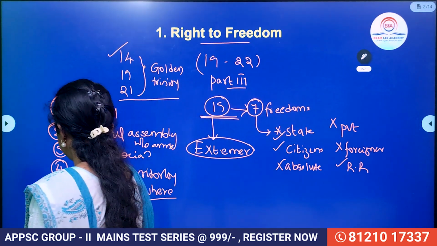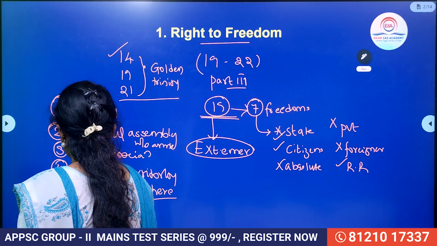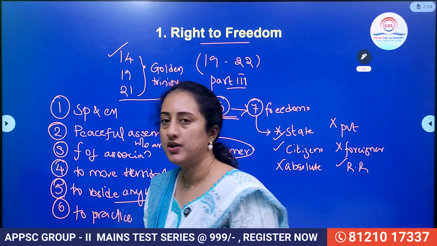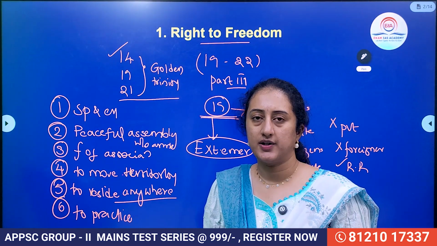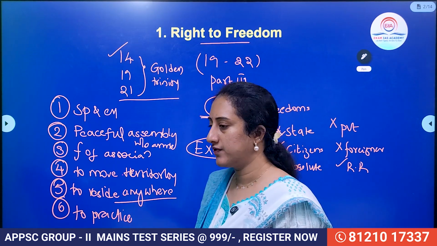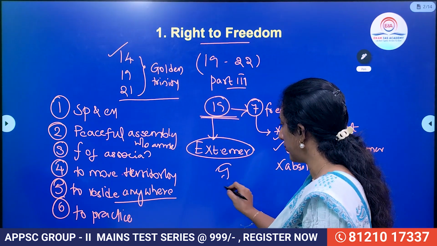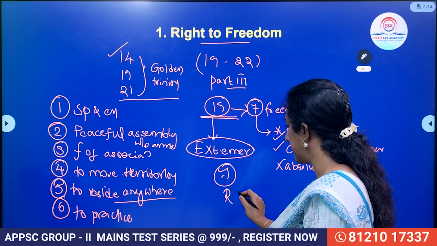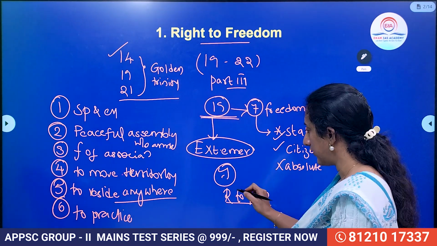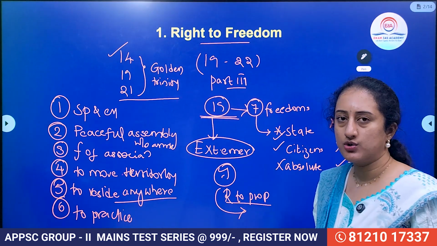Then finally, the right to practice any profession, trade or business. So 6 fundamental rights are part of Article 19 today, but in the original Constitution we also had another one. The 7th one was the right to property, or freedom to have any property without restrictions.